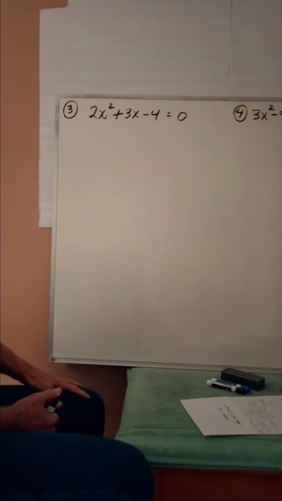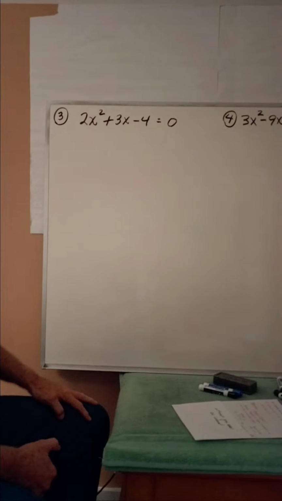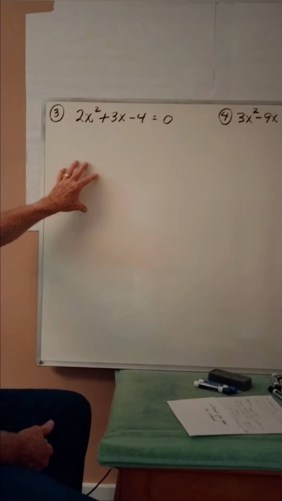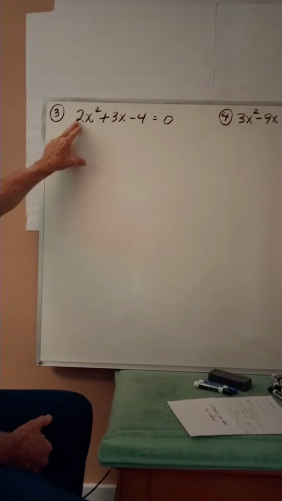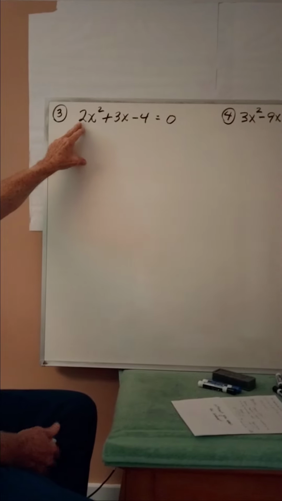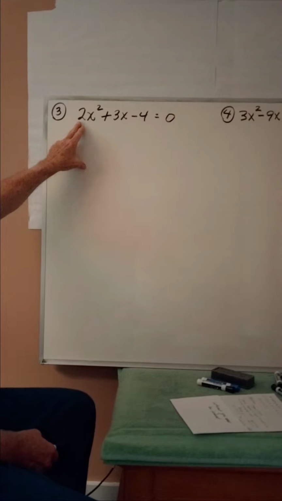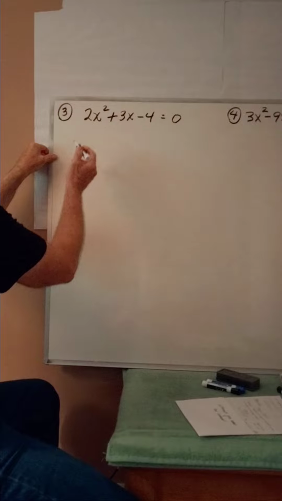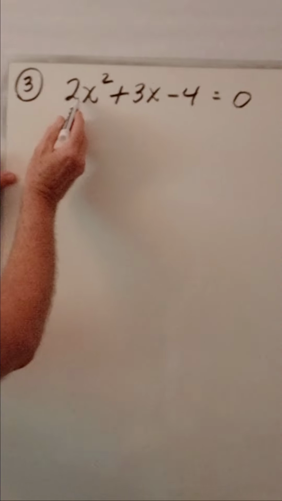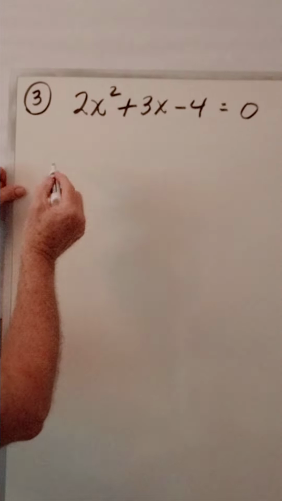The difference between these two as opposed to the two that we looked at in the first video, is that we're going to have to eliminate the coefficient of x squared because its coefficient is not 1. So step number one that needs to be done with problem 3 is we need to make the coefficient of x squared 1.